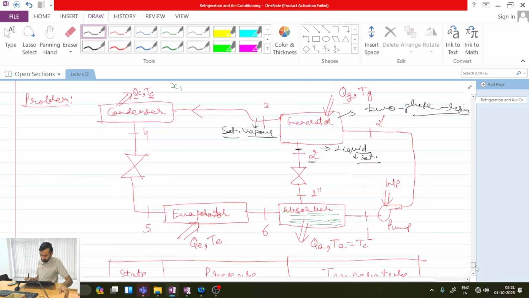Okay, now we have to go to state 4, 5 and 6. There is one very specific feature about points 4, 5 and 6. Can you identify after looking into the schematic? At state 3, I am having some composition, and that same substance is going through condenser, expansion device and evaporator.